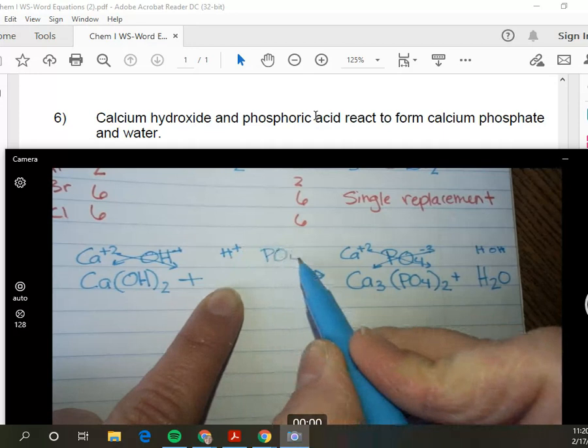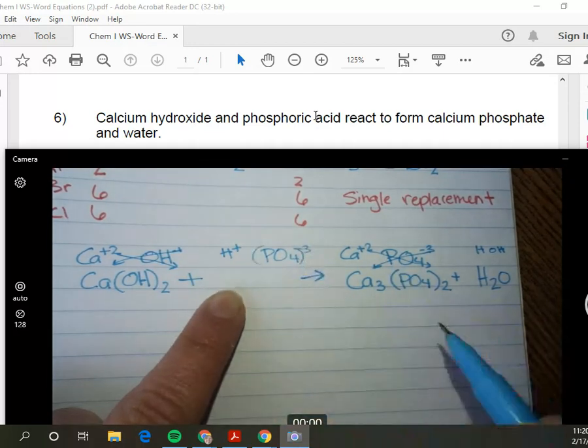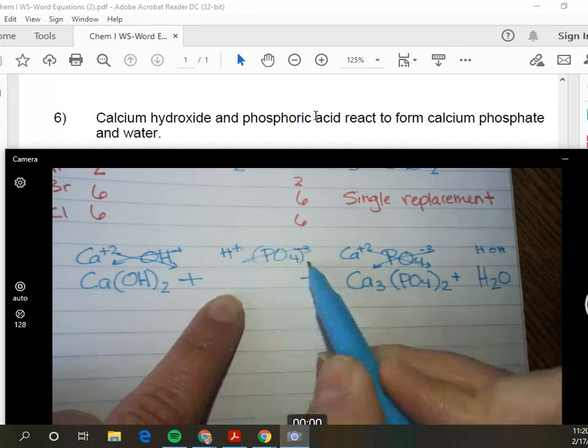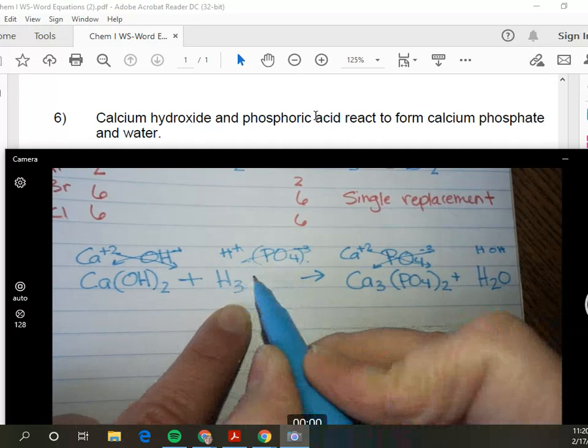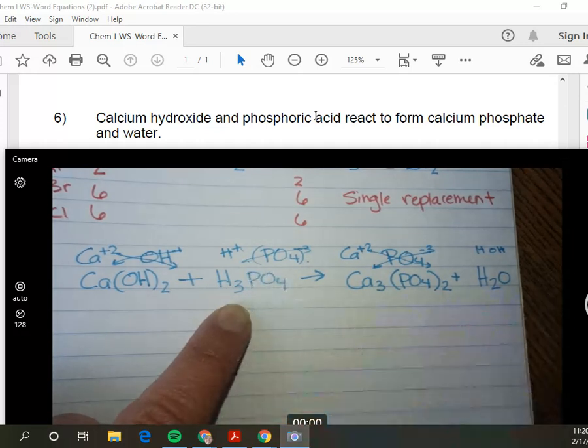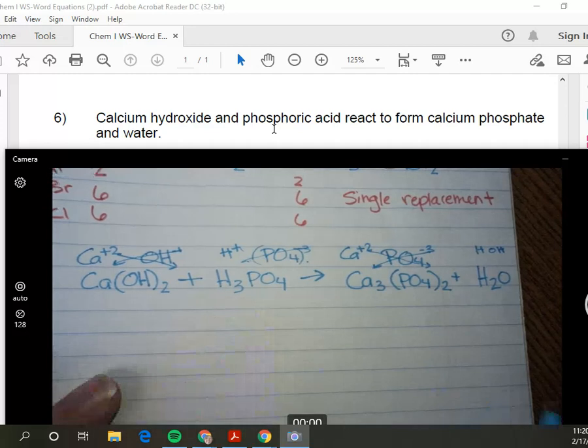Phosphate is PO4 minus 3. So we're going to crisscross. H3PO4. Okay. So the reason I wanted to do this one is sometimes you're going to come across something in a word problem that you have no idea what it is. So you have to kind of process through.